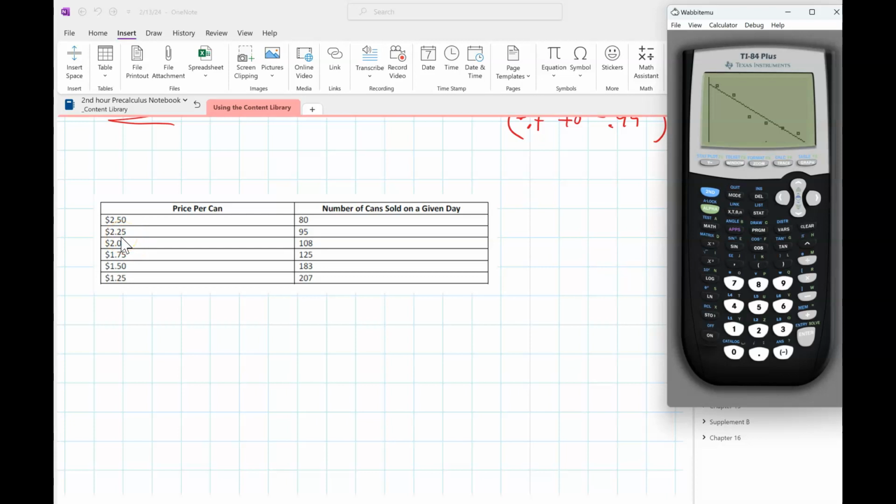What I'm asking you to do is to plug $2.15 into that equation that we just made and figure out what the output is, right? Guess what? The calculator will just do this for me. Since I stored that equation into y1, see it's still there, I can use that y1 like function notation.